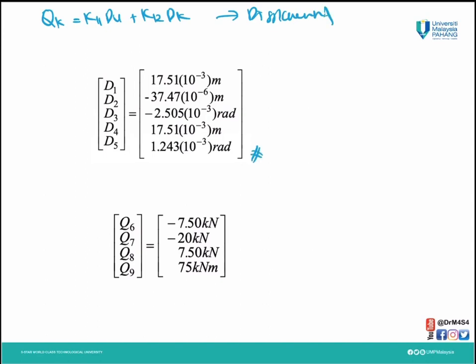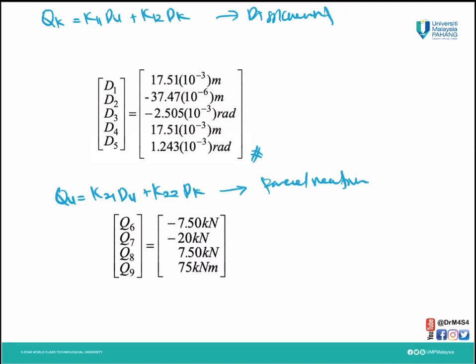And then by solving QU equal to K21 D unknown plus K22 DK, we're gonna have forces or reaction for our system.